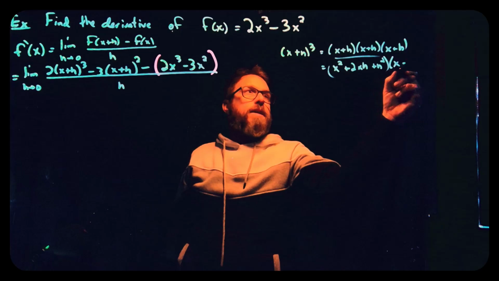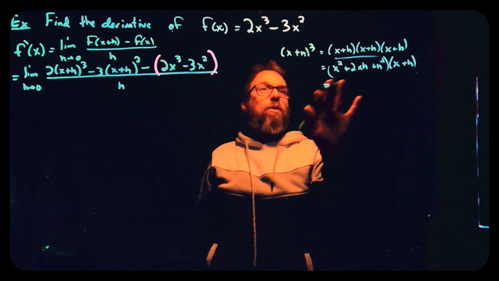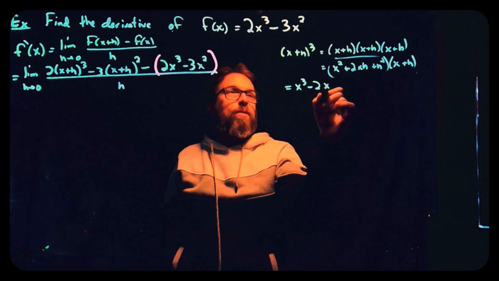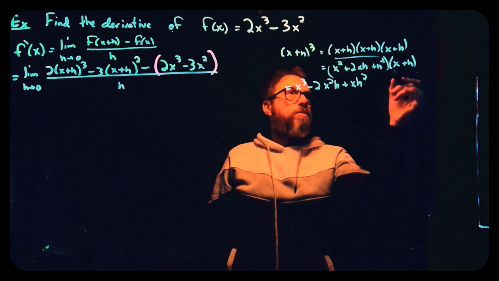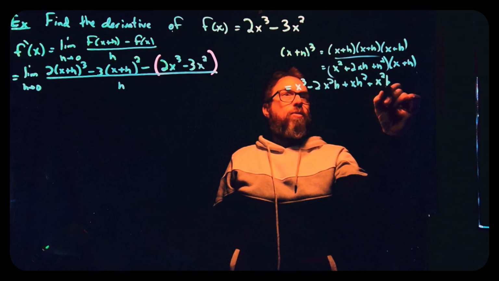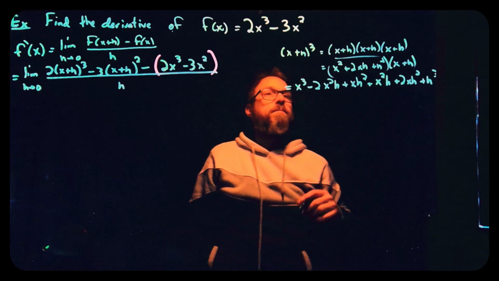And I still have this x plus h. So all these terms times x. So I'm just going to multiply them all by x. So x cubed plus 2x squared h plus xh squared. And then these three terms times h as well. So put an extra factor of h in each one of these. x squared h plus 2xh squared plus h cubed.